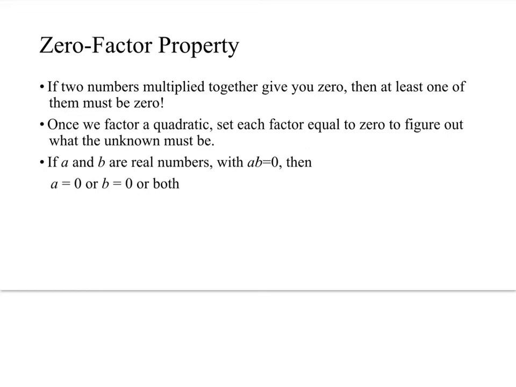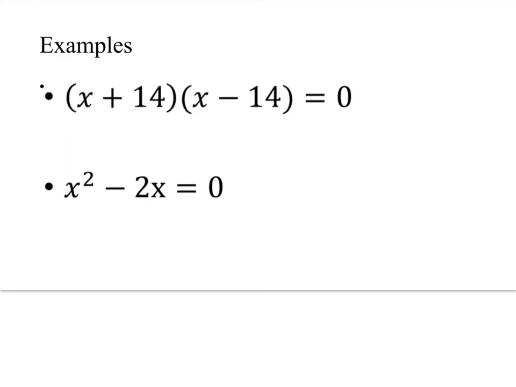According to the zero factor property, if we have two factors multiplied together, in order for their product to be zero, either one or both of them must be zero. That's what we use when we solve a quadratic using factoring. The first example here is a quadratic that's already in factored form.